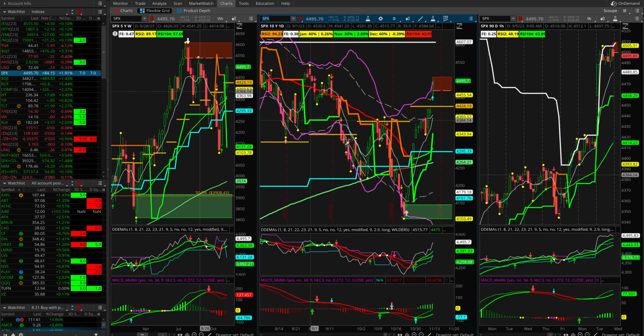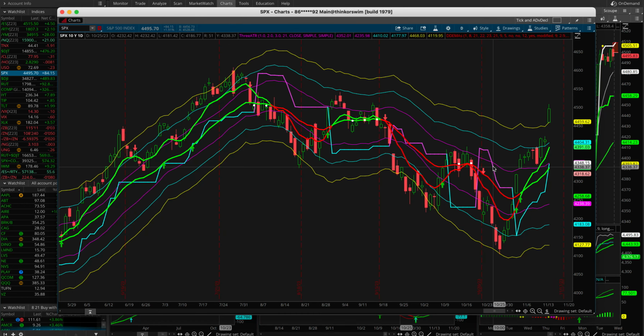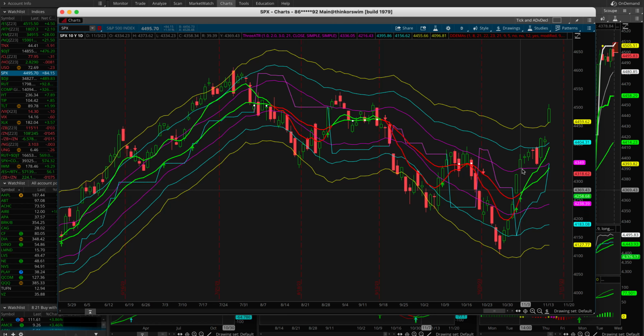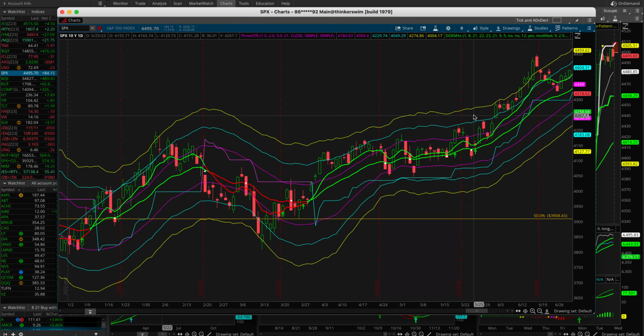Let's actually go look at this thing. I've been pulling this up a little bit lately just to show you. We're up above this third average true range. I didn't necessarily think we were going to get there that fast.